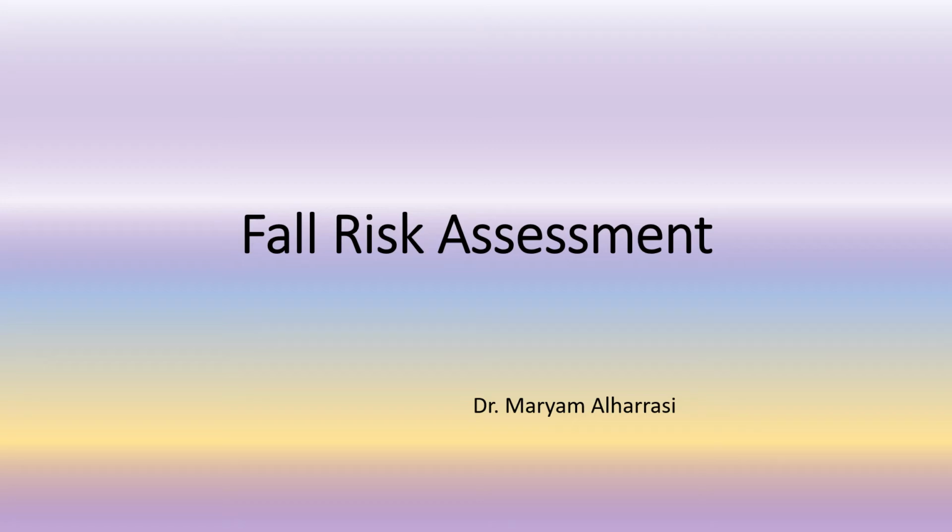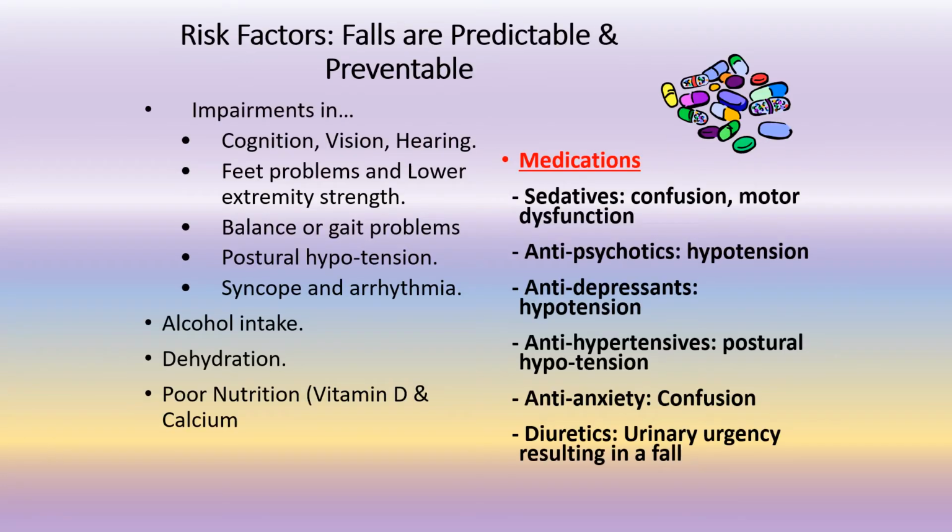Now in lesson 3, let's talk about fall risk assessment because it's very important to know and anticipate if a patient is going to fall, especially. So as we talked about previously, there are risk factors of falls that are predictable and preventable.